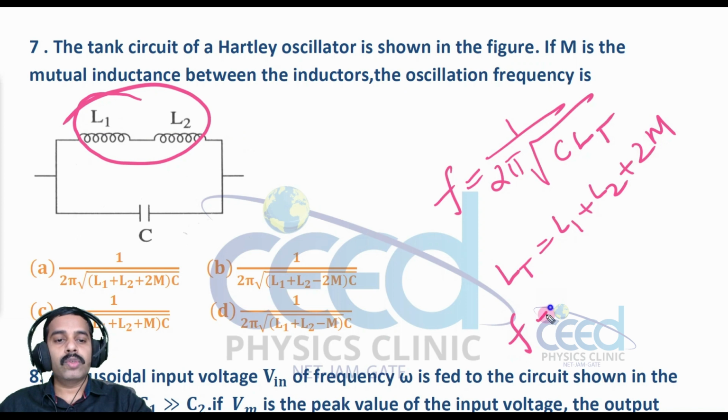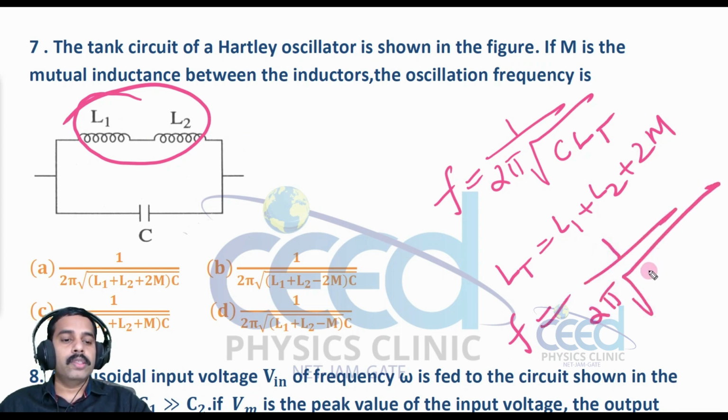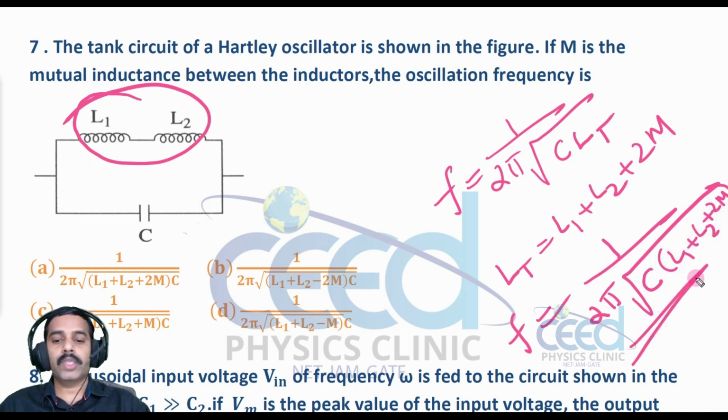Substituting that value, 1 by 2 pi root C into L1 plus L2 plus 2M. So option A is correct.